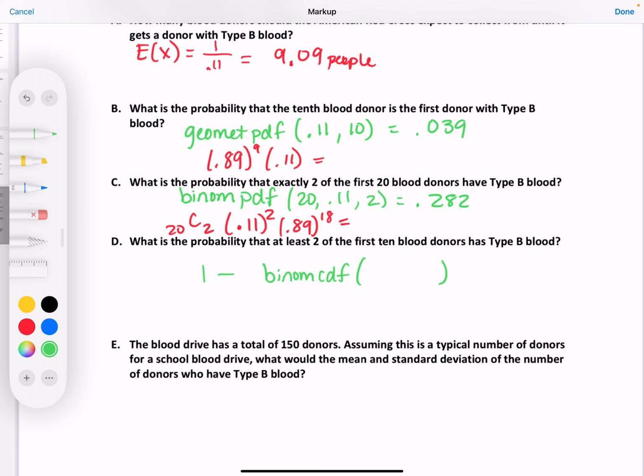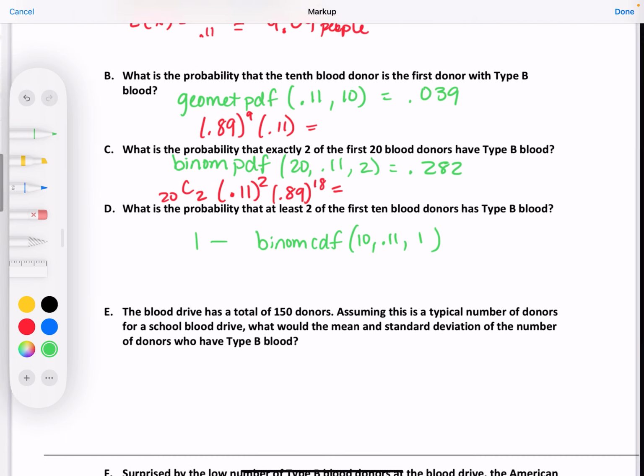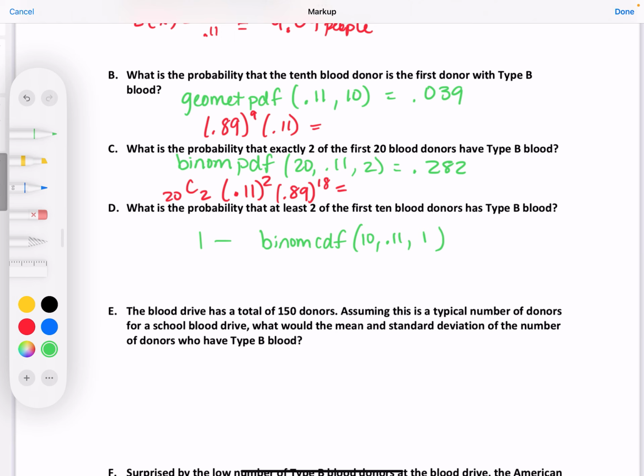So we're going to do 1 minus the binom CDF for none, or for 1, technically, is what it should be. For 1. So 10, 0.11, and 1. Because that's less than 2. Because at least 2 means 2 or more. So we should take out that. So that accounts for 0 to 1.